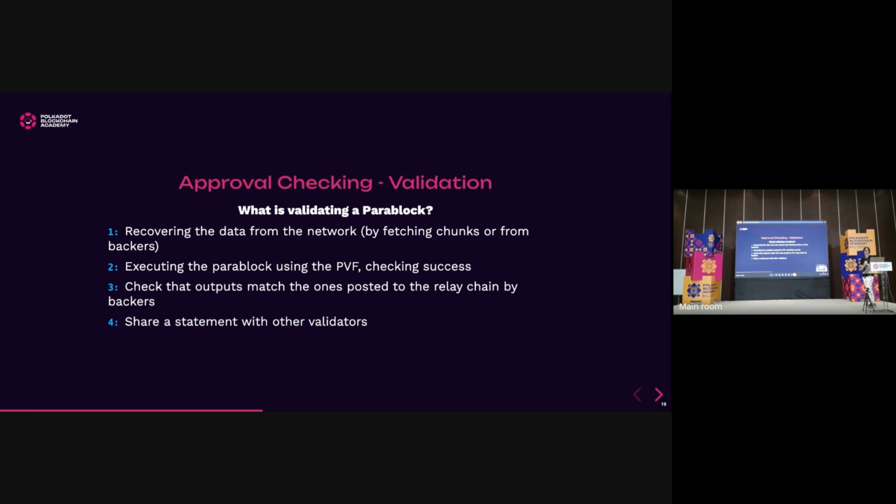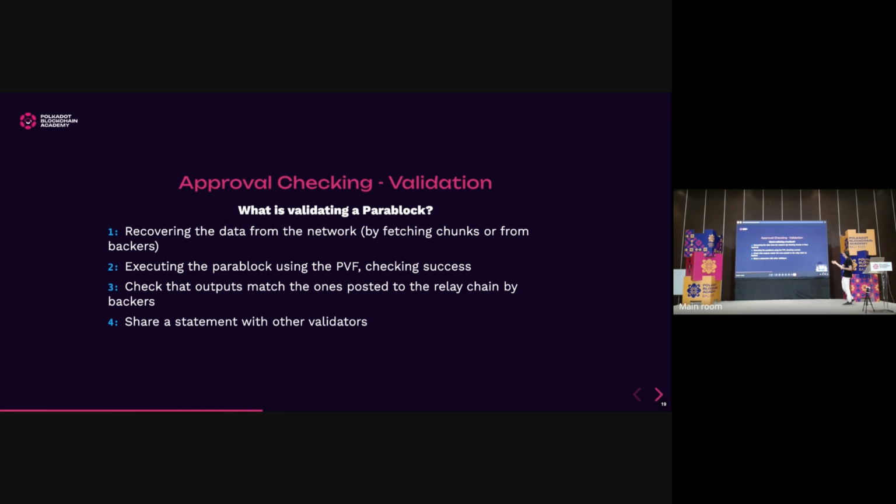So, just as a reminder, at this stage, what does it actually mean to validate a parablock? This is the same process as with backers. But instead of getting the data from collators, because remember, the backers actually just got the full package from a collator with everything ready, the approval checkers are not the backers for that specific parachain. They are some potential other validators.